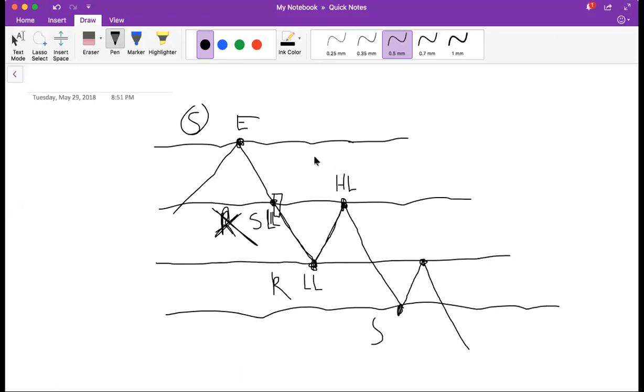The trend. Okay, the trend, yes, but what is it? It's right there. You already said it too. The higher low. The support line. Okay, the support line is here.